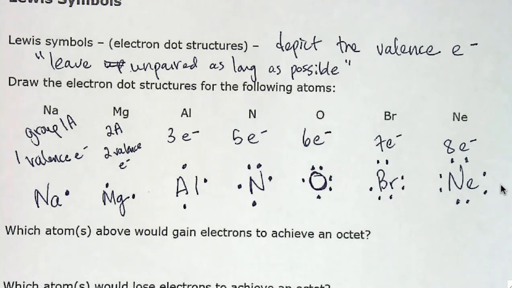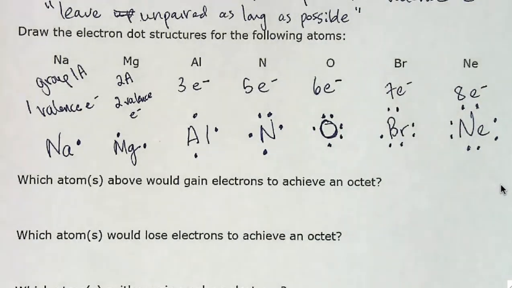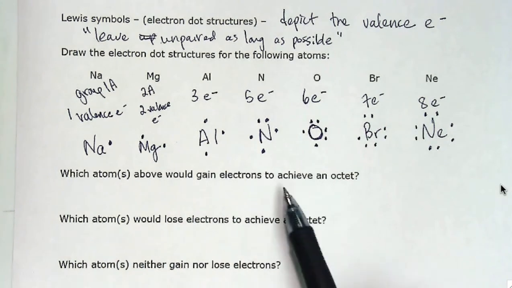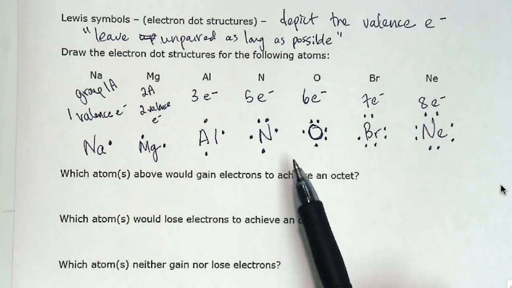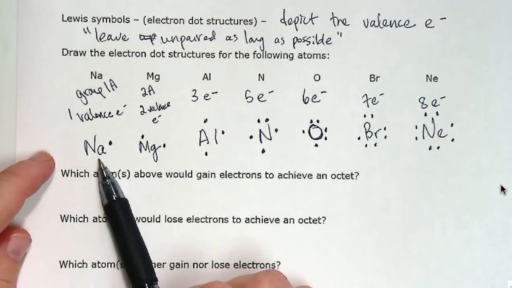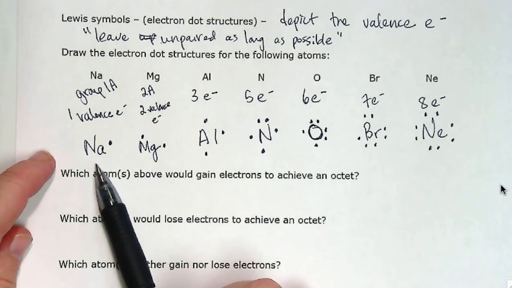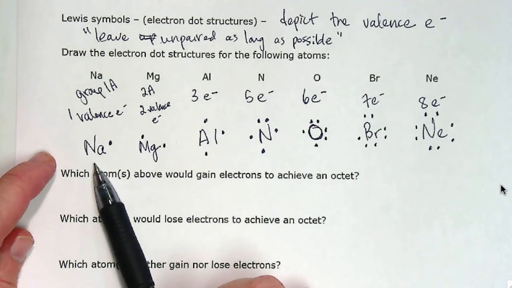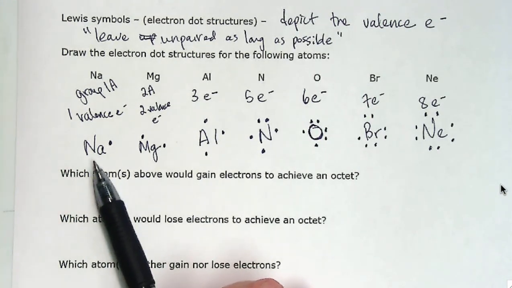Now I have a few questions about these Lewis symbols. Which atom above would gain electrons to achieve an octet? So for sodium, in order for it to have 8 electrons, it would have to gain 7 electrons. That's a heck of a lot of electrons to gain. It's probably more likely that sodium would lose electrons to get an octet. It'll go backwards.